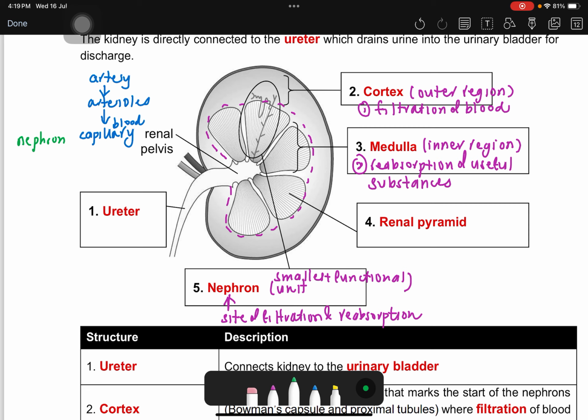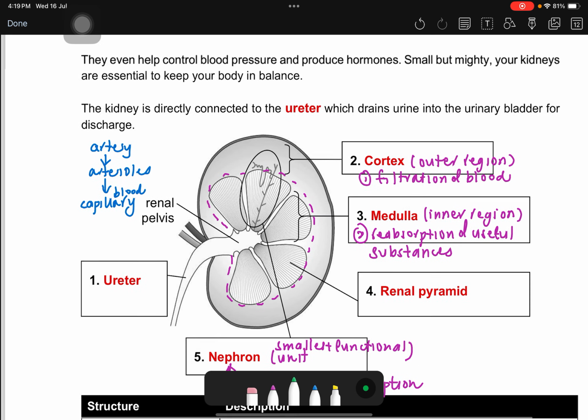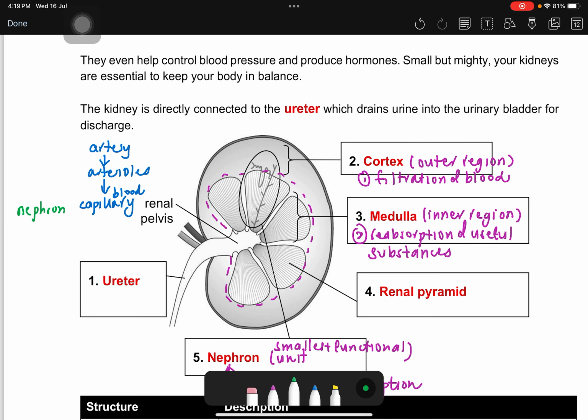Okay, so it's like small little tubes, right, nephrons, and so many nephrons will make up the renal pyramid, and you can see that all the renal pyramids eventually combine into the ureter that will bring the urine to the bladder.